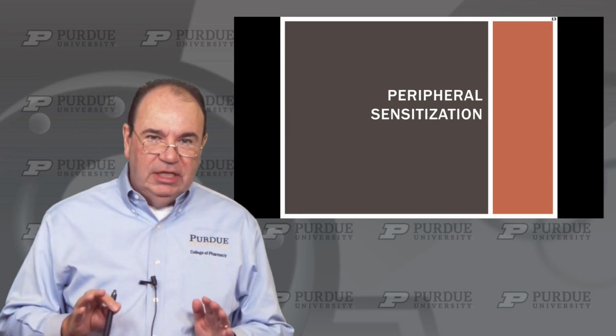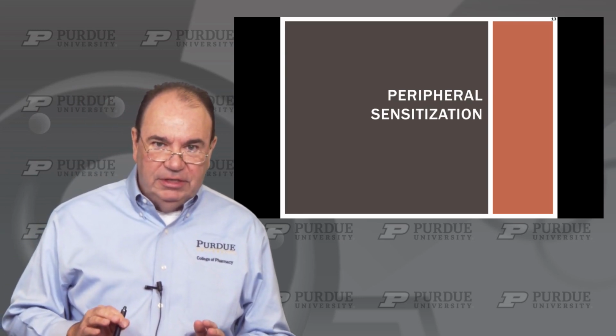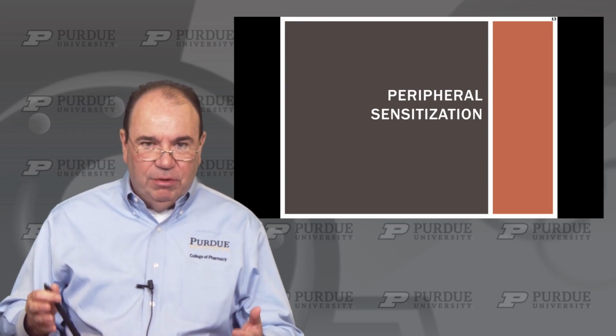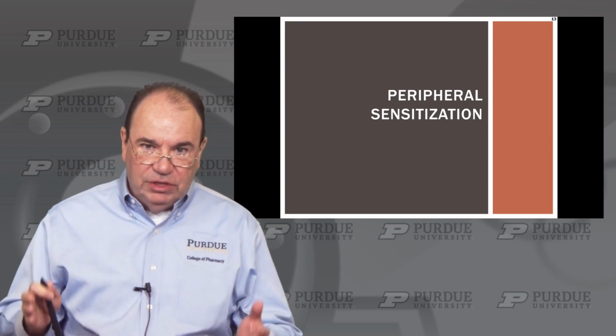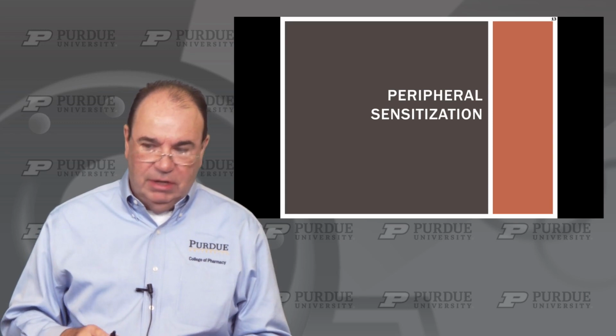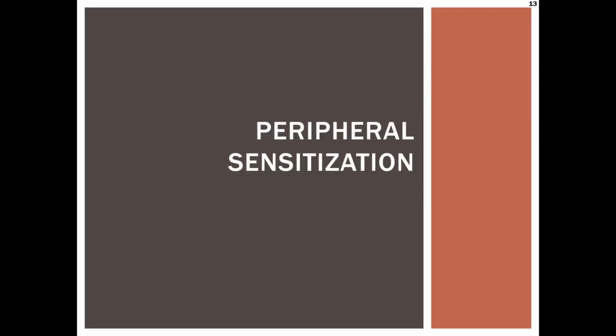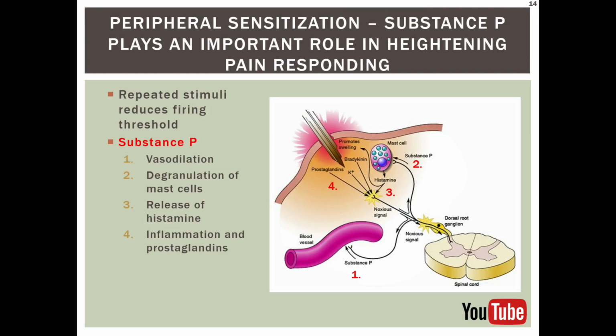Now we want to talk just a little bit about peripheral sensitization and some changes that occur in the periphery around those receptors and in the spinal cord that play an important role in the long-term conduction of pain. What happens in the periphery with repeated stimuli is there is a reduced firing threshold.